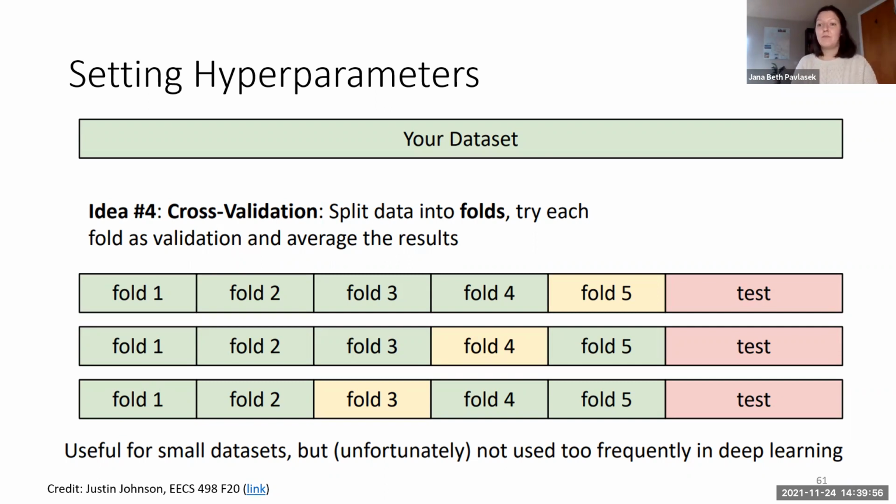But when we go on to algorithms that have more of a learning component, that would mean we'd have to retrain our model on a bunch of different hyperparameters and a bunch of different folds, and that would be pretty expensive. So it's not used super frequently, but when we're doing nearest neighbors or k nearest neighbors, it's actually pretty feasible to do.